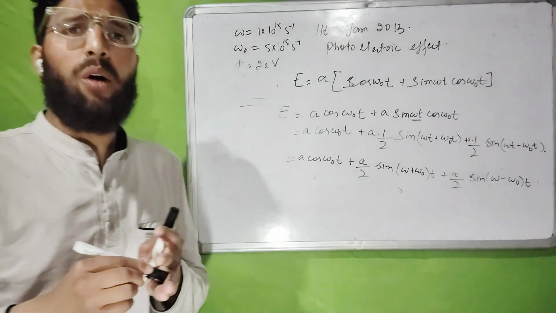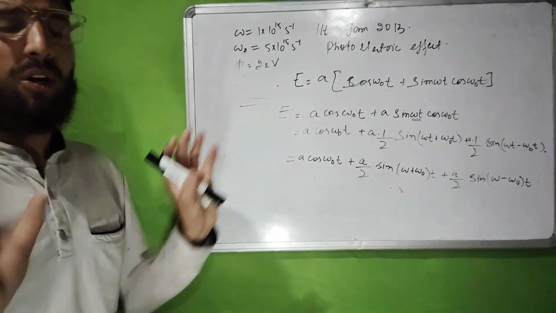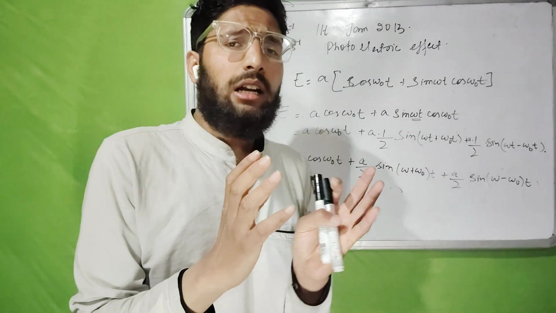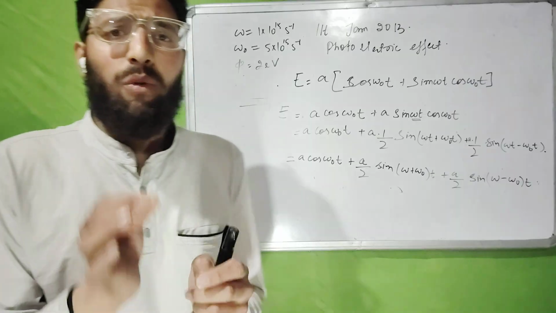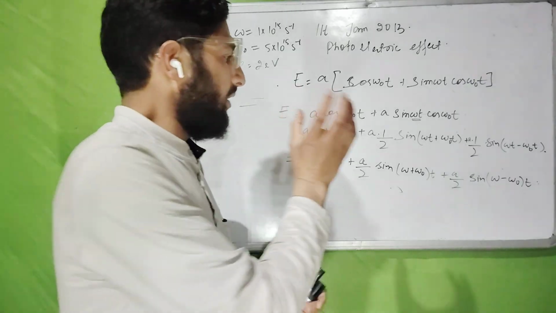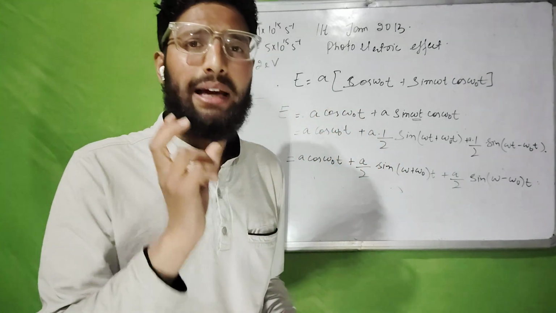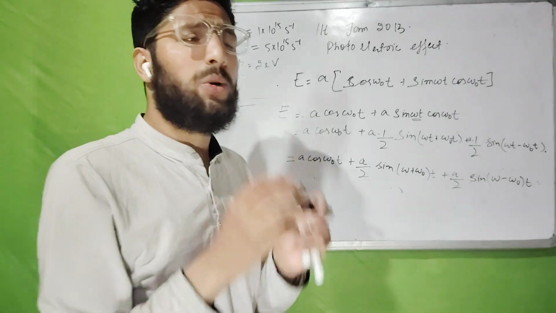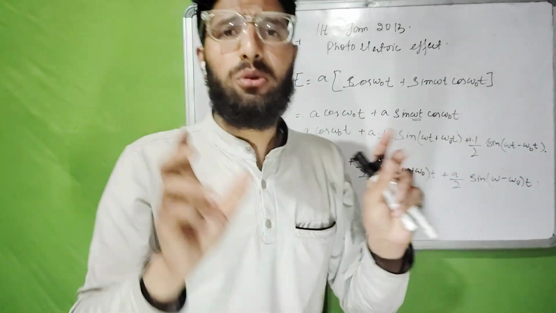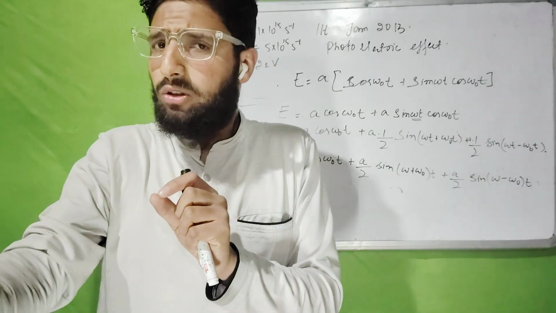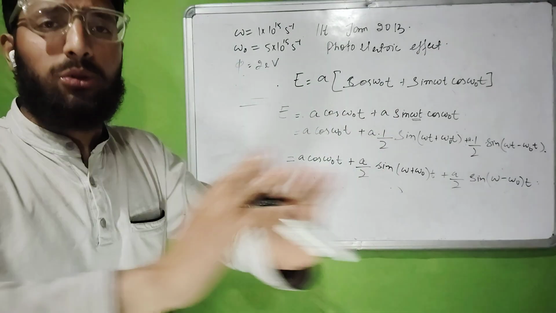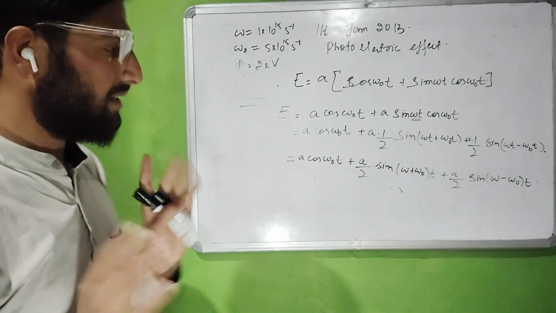Now further, how can we get the maximum kinetic energy of the electron? Since we know that for getting the maximum kinetic energy of the electron, we will use that part of this wave which has the maximum frequency, which means you are giving the maximum energy. If you give maximum energy to the electron, then you will get the maximum kinetic energy of the photoelectron ejected from the metal surface.